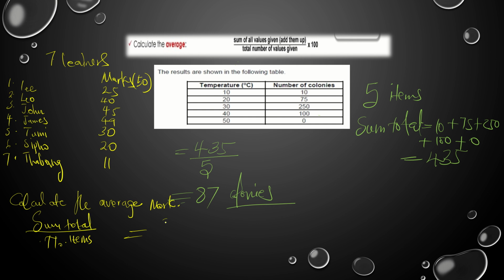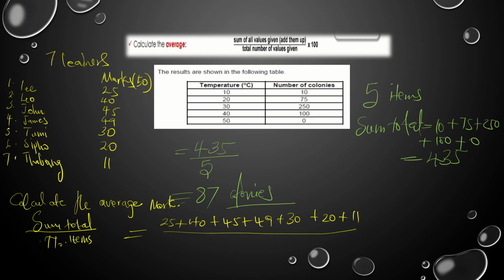We're going to say 25 plus 40 plus 45 plus 49 plus 30 plus 20 plus 11. That's our sum total.